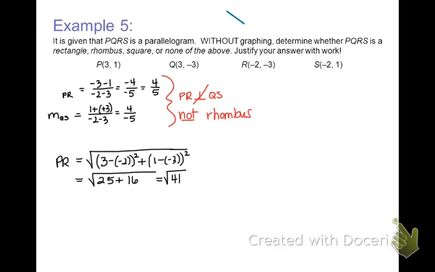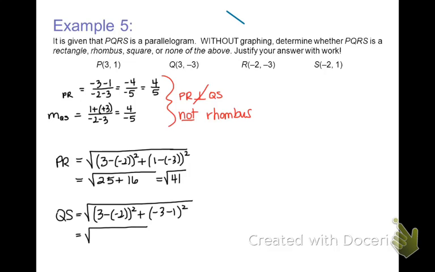Okay, so now we're going to look at QS. That should be the square root of the difference in the x values, which is 3 minus a negative 2 squared, plus, and then you're going to have negative 3 minus 1 for the difference in the y's squared.